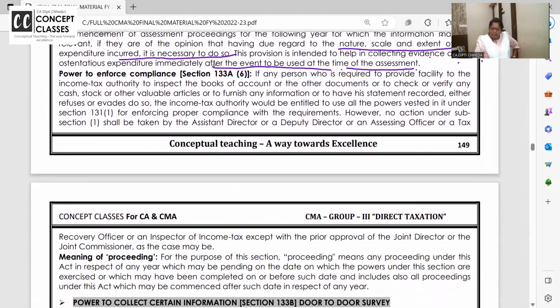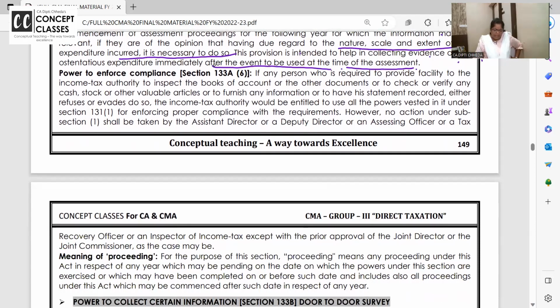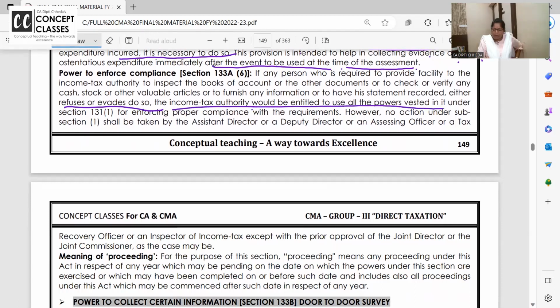Power to enforce compliance. Yes. If any person was required to provide facility to authority to inspect books of accounts or check valuables and all, or to have a statement recorded, either refuses or evades, हाँ कि मैं help नहीं करूंगा, मैं books नहीं बताऊंगा, मैं password नहीं बताऊंगा, income tax authority would be entitled to use all the powers vested under 131.